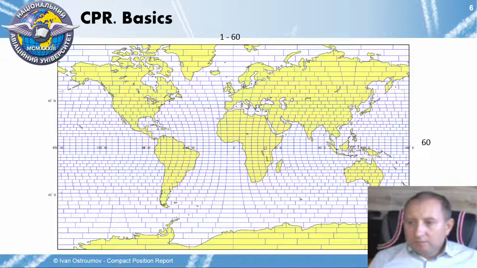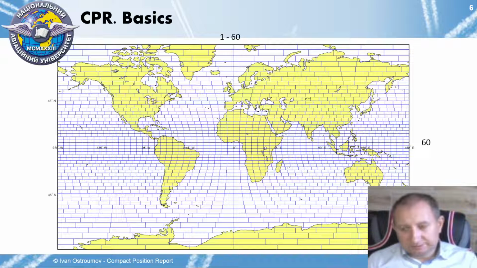In our talk today, we discuss only automatic dependent surveillance broadcast, because the ADS-B concept is based on 1090 extended squitter mode, which transmits the current location of each airspace user, and everyone can get this data.